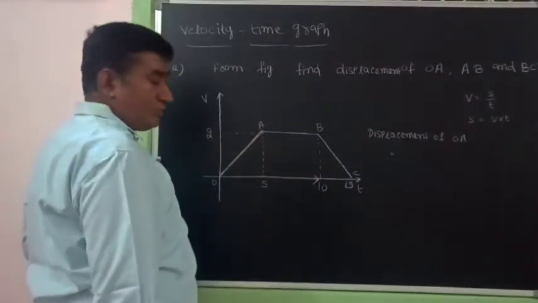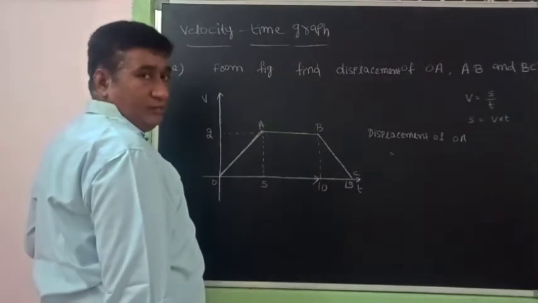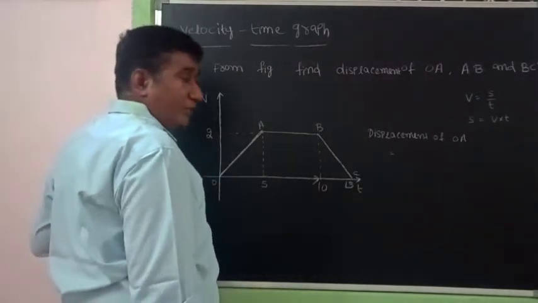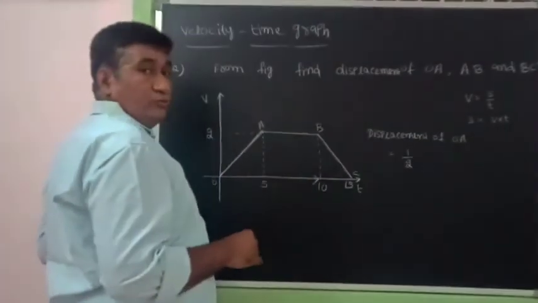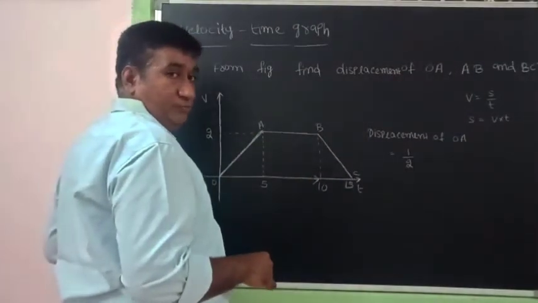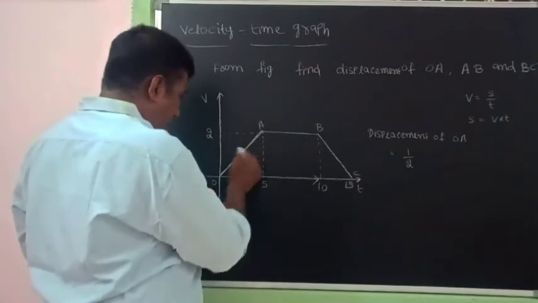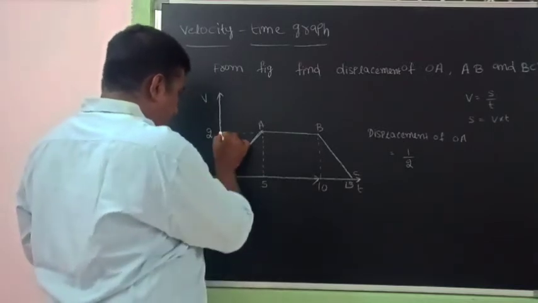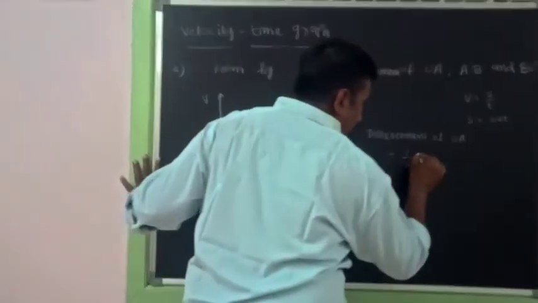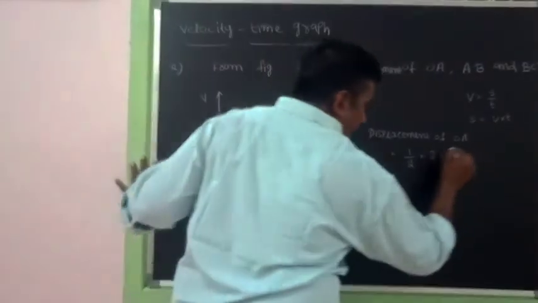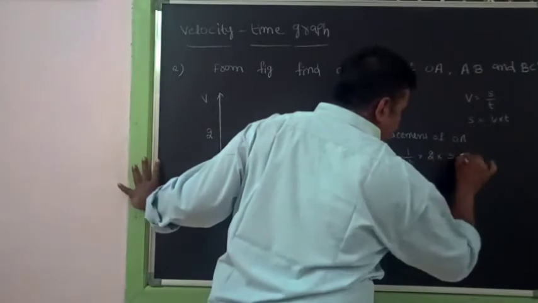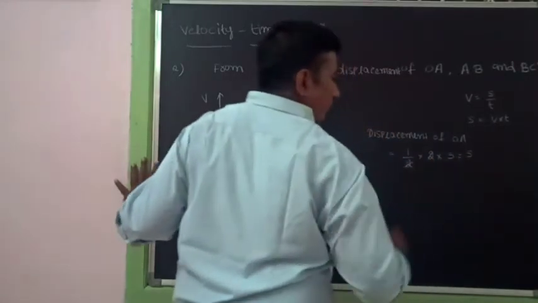The shape is similar to that of a triangle. So what is the formula for the area of a triangle? It is nothing but half into base into height. Base, which I can take here as 0 to 2, which is nothing but 2, into here 5 minus 0, which is nothing but 5. The 2 gets cancelled, and we get 5 meters.